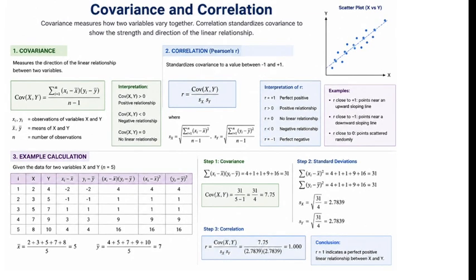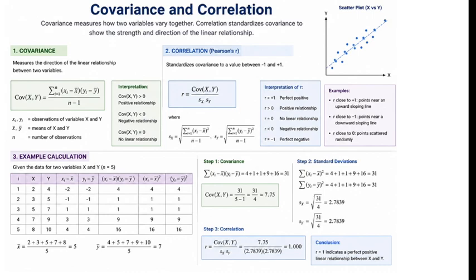So we calculate the covariance of the x and y variables by multiplying the mean deviations of both x and y variables for each data point. Finally, the sum of these products of the mean deviations gives us the covariance.